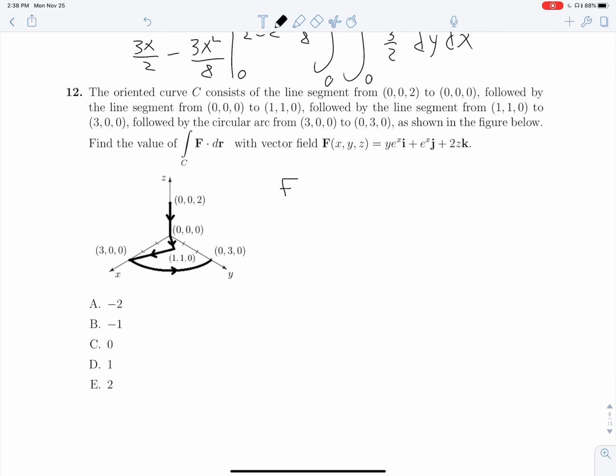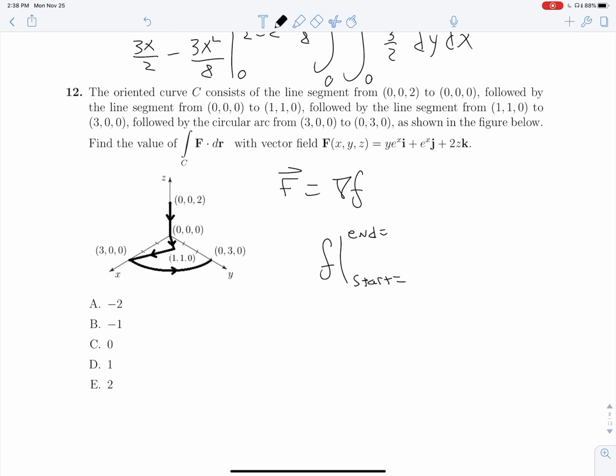We know that the fundamental theorem of line integrals states that if our force field, our vector field F, is the gradient of some potential function f, then we can evaluate f on our start values and our end values for x, y, and z in order to solve for this.